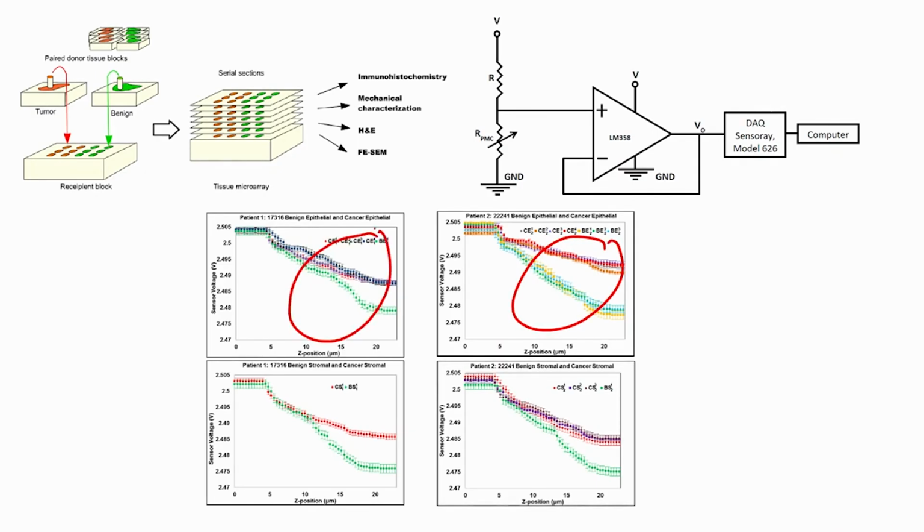When we measure tissues from epithelial region, tissues from stromal region, also the tissues from benign region and cancerous region, right, we can clearly see that with the help of piezoresistive microcantilever, we are able to delineate whether the tissue is normal or benign or it is cancer, correct.